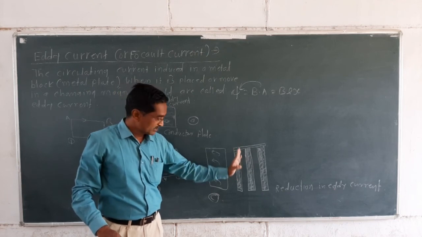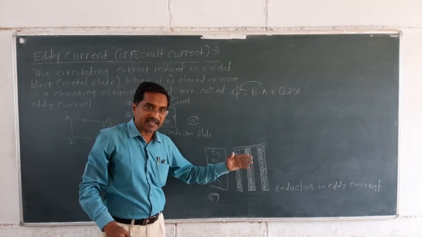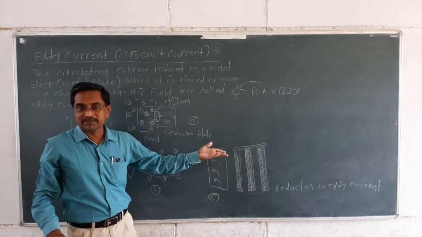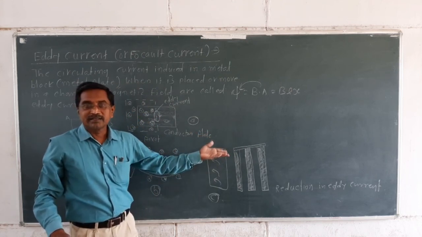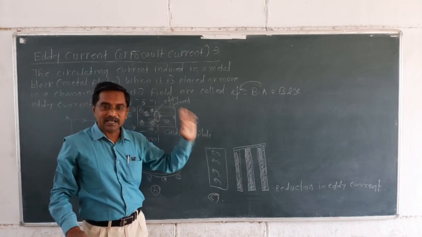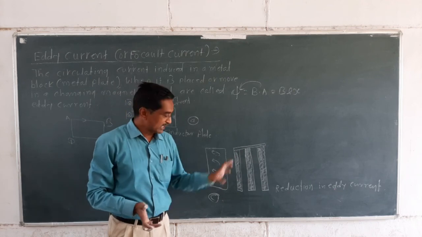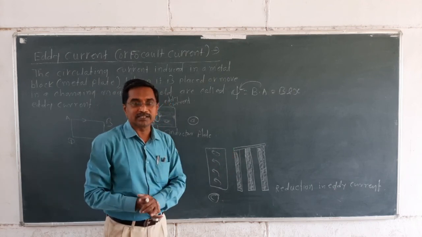Okay, after cutting the coil in this way, its area is reduced, so the magnetic flux is reduced. As the magnetic flux is reduced, the eddy current is reduced. As the eddy current decreases, the heat produced in that coil also decreases.